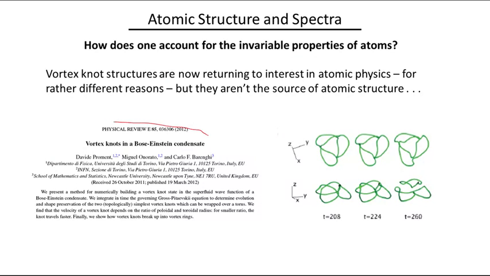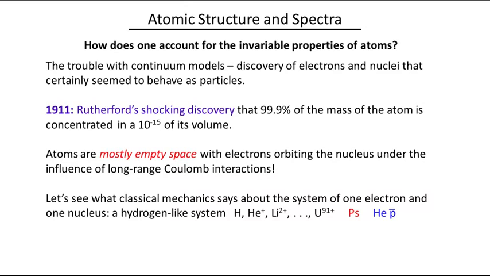I'll just mention in passing that the vortex knot idea is coming back into vogue in atomic physics due to the ability to produce vortex structures in gases, in Bose-Einstein condensates. But I mean, these are not elementary atomic structures. They're rather a type of superfluid pattern that can be generated by appropriate excitation of the condensate.